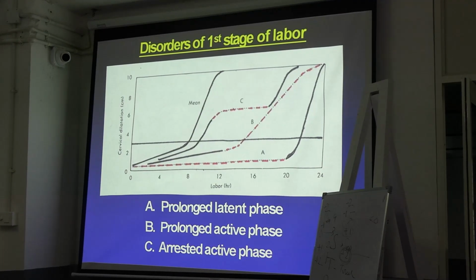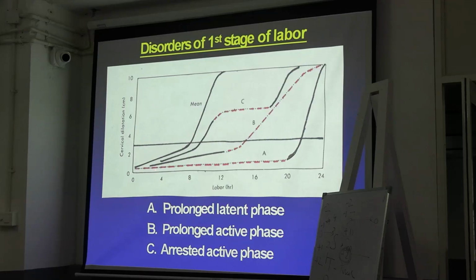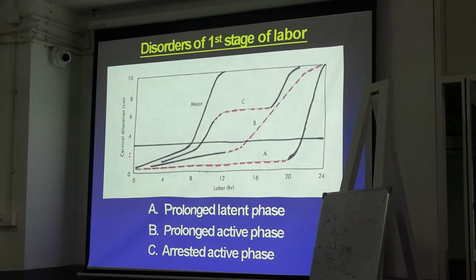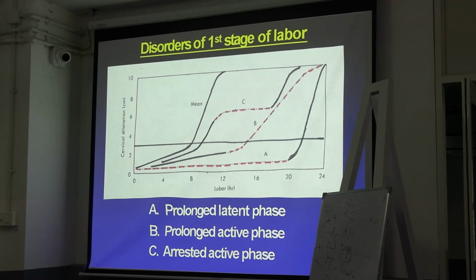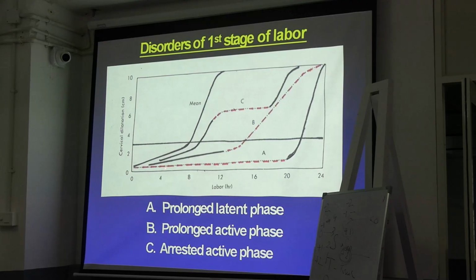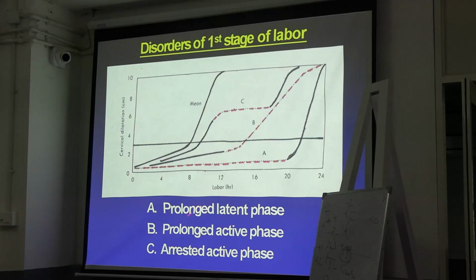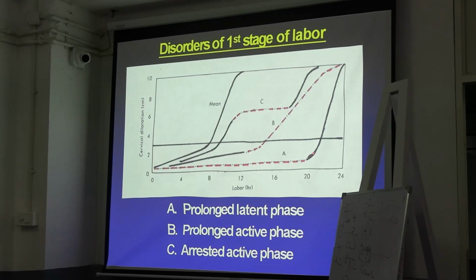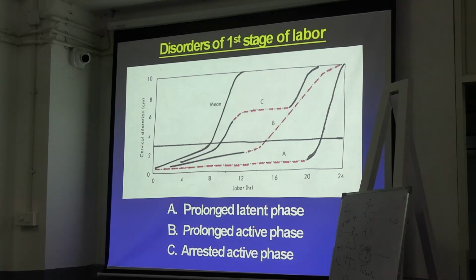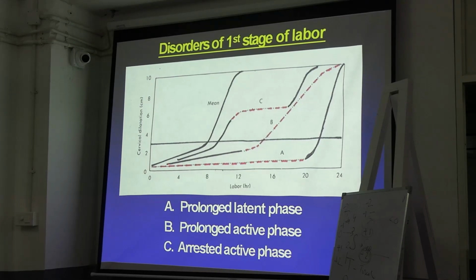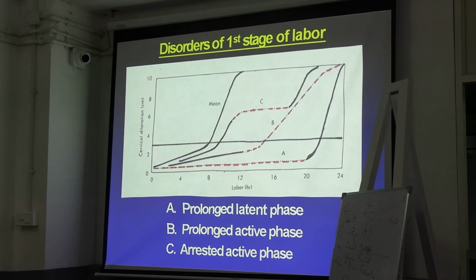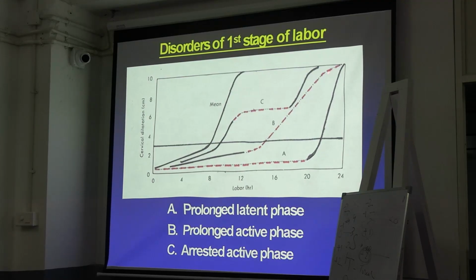This is the prolonged latent phase. Latent phase means she was just tip of finger for like 1 day or 24 hours; it was stuck at that stage. Then the progress was good. B is the prolonged active phase: the latent phase was going normally, then the active phase was prolonged.